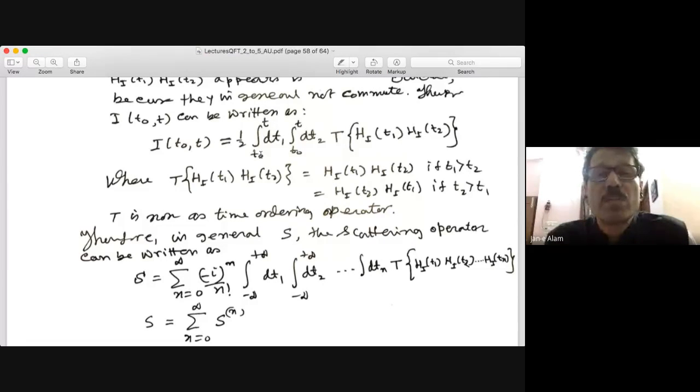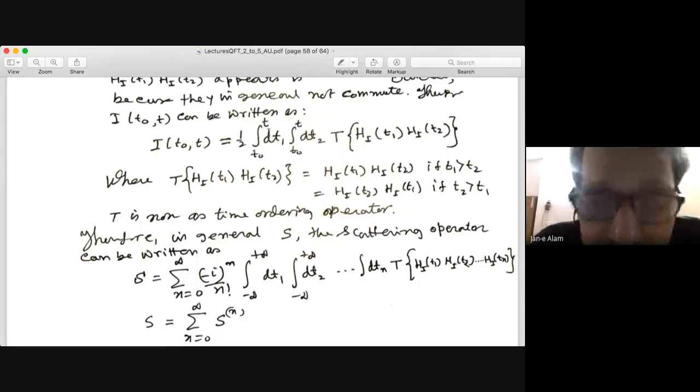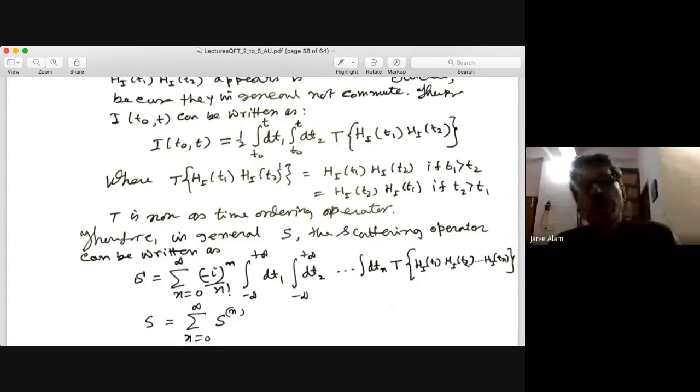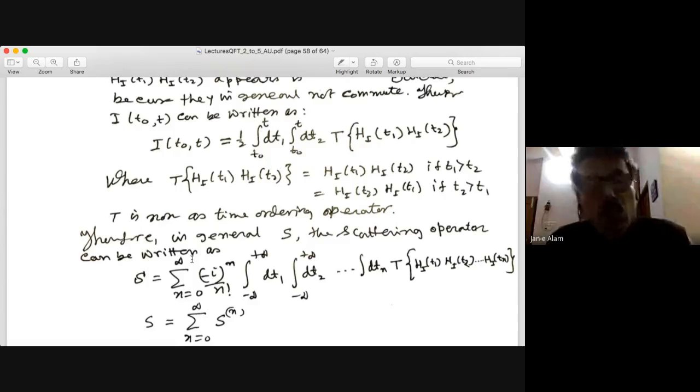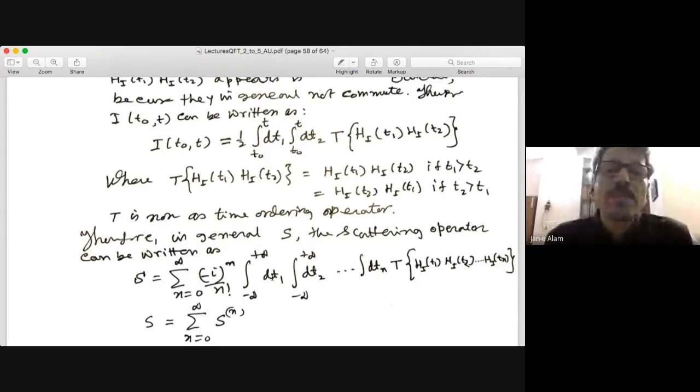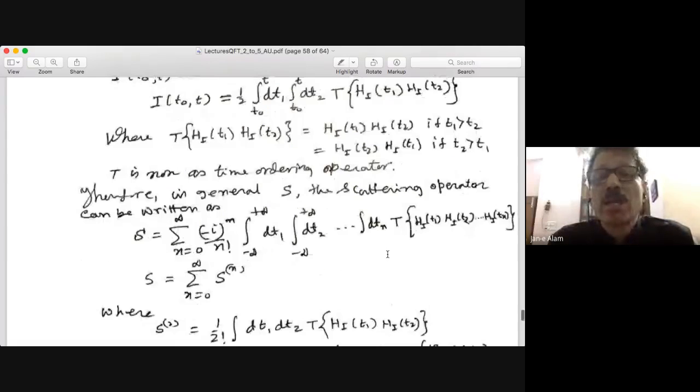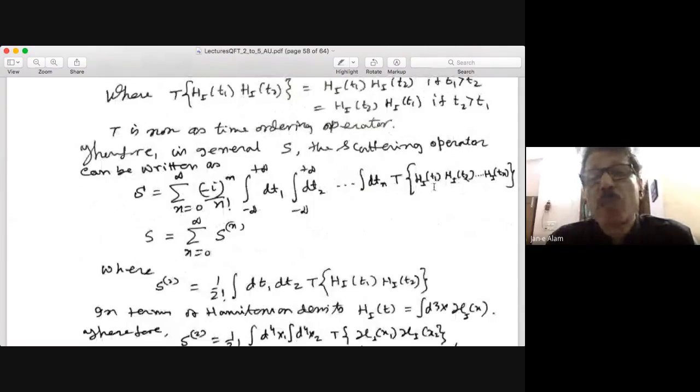So it will be integration from minus infinity to plus infinity. That is what I want, because my source and the detector are far away from the interaction zone. And for the n such integrations, all the lower limits will be minus infinity, upper limits will be infinity. And this S will come as a time ordered product, as I indicated.